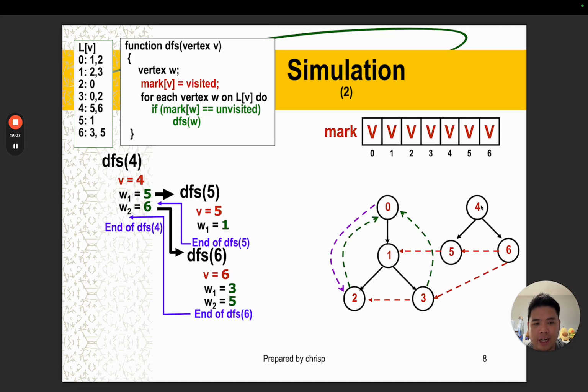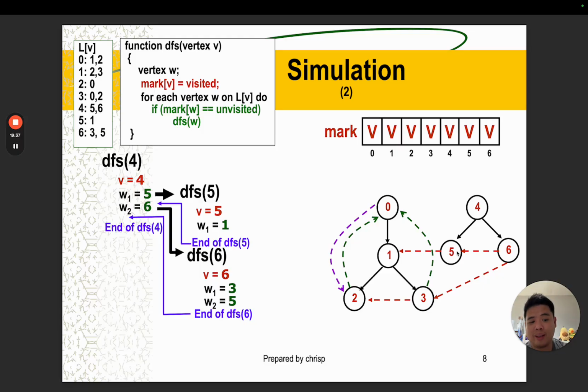Same here. 4 points to 5. 5 has an arc to 1, but 1 is already visited, so I have a broken line going to 1. 6 tries to visit 3, but 3 is already visited, so there's a broken arc from 6 to 3. It tries to visit 5, but 5 is already visited, so there's a broken arc going from 6 to 5.